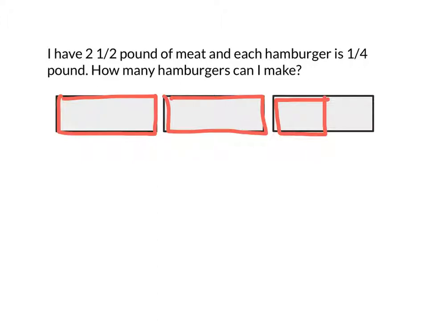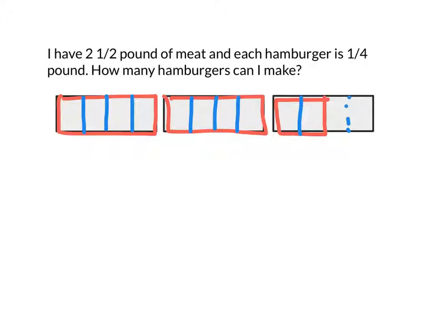So I'm taking 2.5 pounds, 1/4 at a time. So in order to take 1/4 at a time, I would need to break them into quarters. So if I'm breaking everything into quarters, and then technically that would have been the quarter here, okay, I have 1, 2, 3, 4, 5, 6, 7, 8.